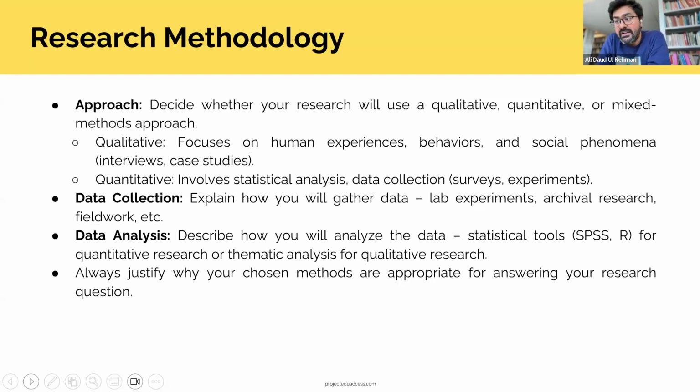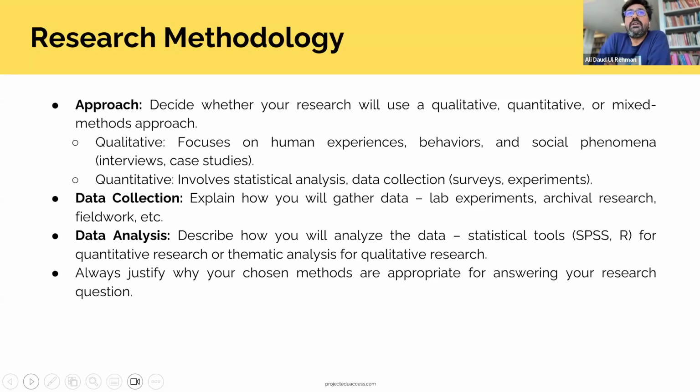On the other hand, quantitative research includes statistical analysis and data collection, and you'd rely more on surveys and experiments, and usually a lot of figures, and by looking at that data, you'll try to map out your results.